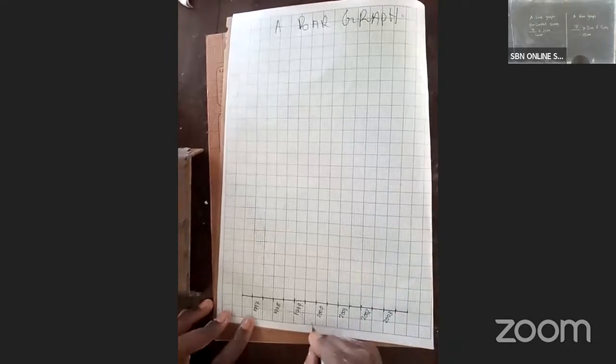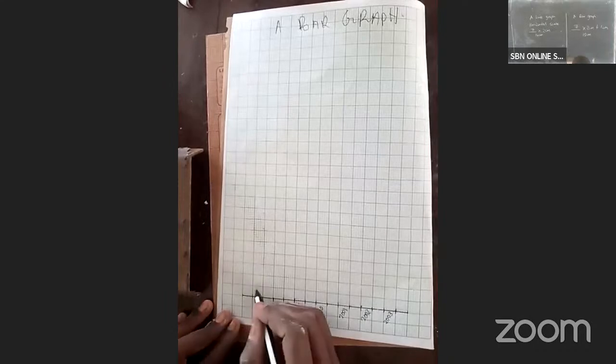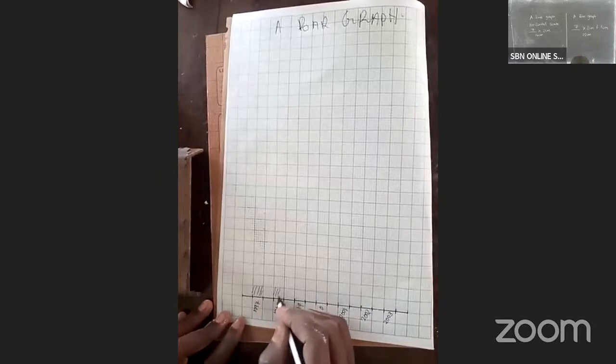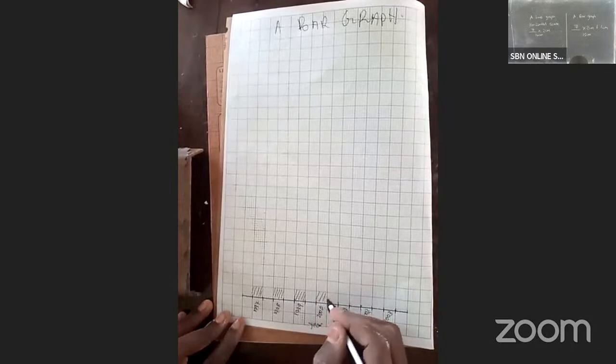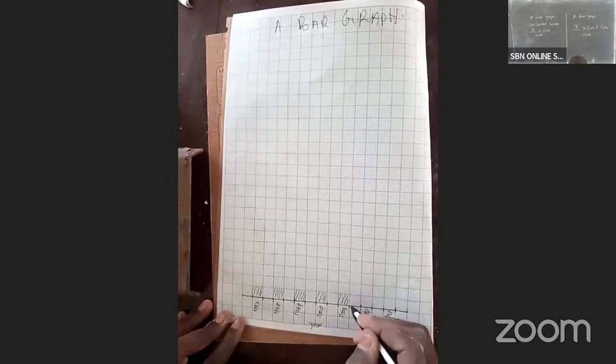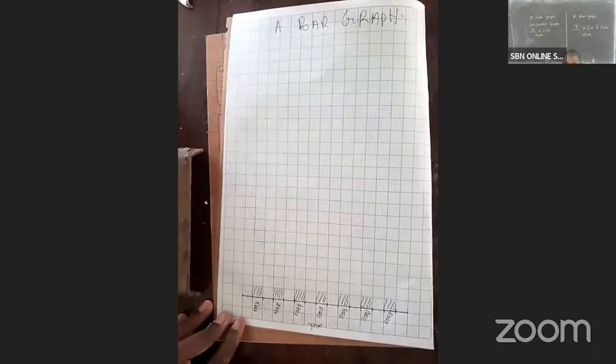These are called years. For this one, we are leaving space, bar, space, bar. Here there is a space, a bar, space, a bar, space, bar, space, bar, space, bar, space. That's how the graph is going to look. Are you seeing?